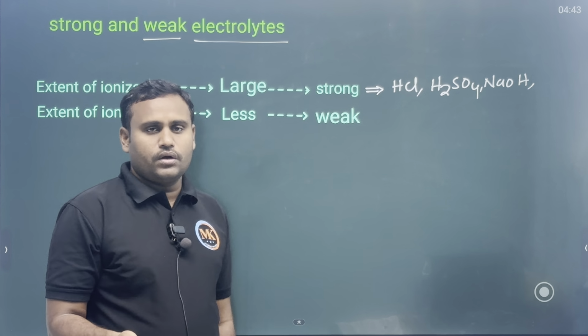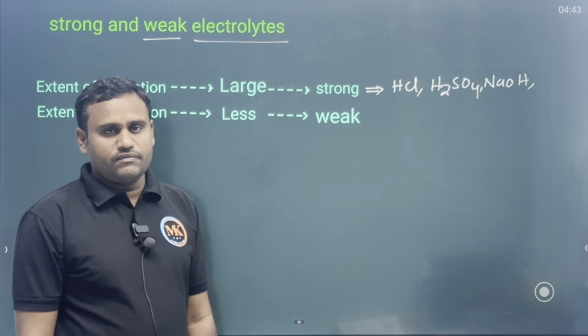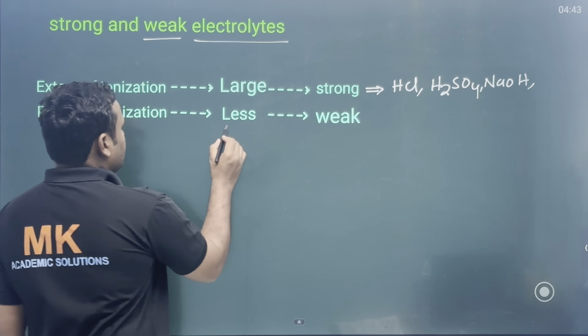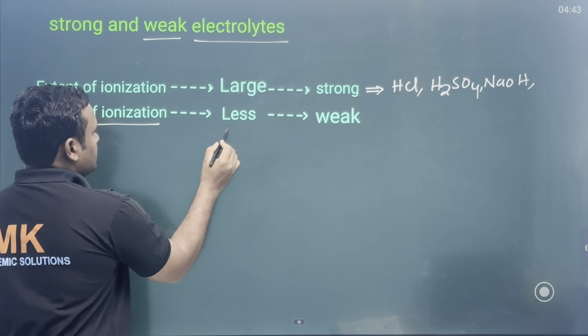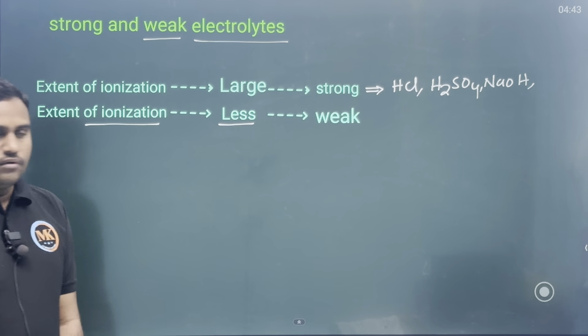Okay, next, weak electrolytes means the percentage of dissociation is very less. So the extent of ionization is very less. They are called weak substances.